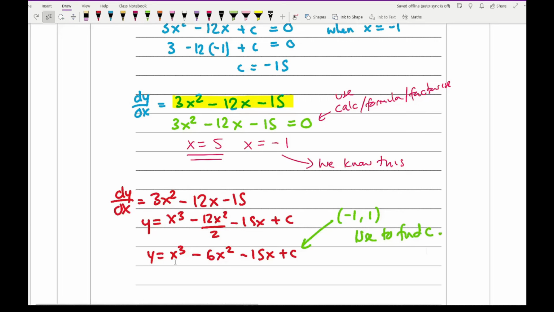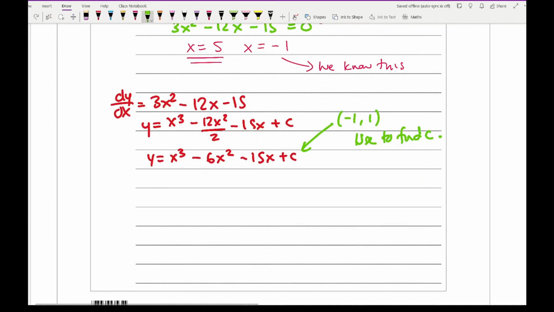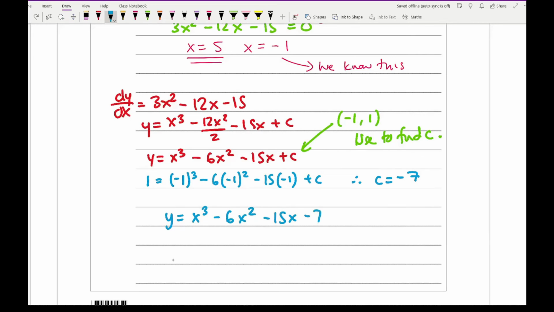So substituting the values of this, we get 1 equals -1 cubed minus 6 times -1 squared minus 15 times -1 plus c, in which I get an answer of c equals -7. So that means that the equation of the original curve is going to be y equals x cubed minus 6x squared minus 15x minus 7.